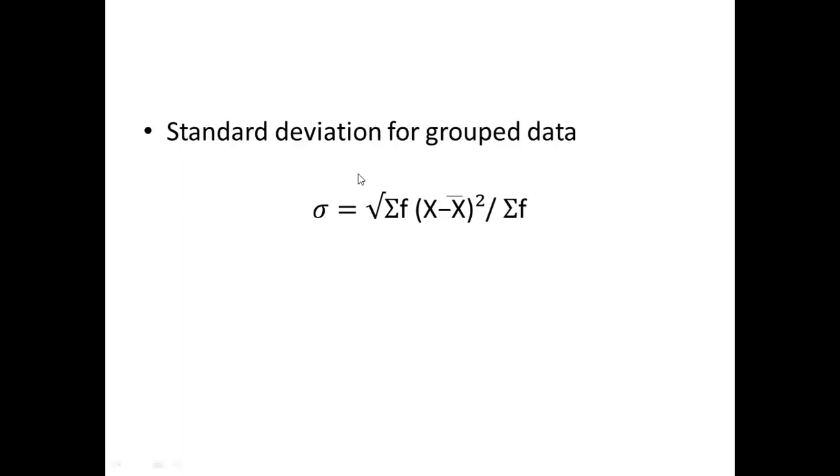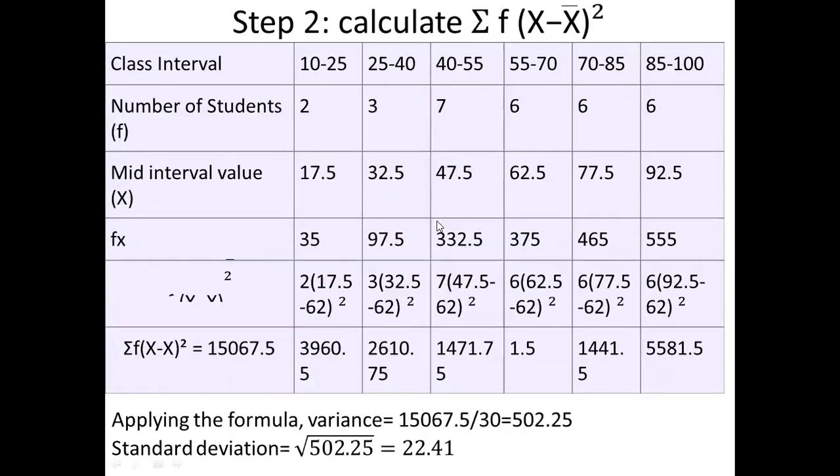For grouped data again, the same variance formula stays, but we take a square-rooted version of it. So let's say if we have found our variance using this particular part of the formula in the current example, then we have also calculated the standard deviation at the same time.